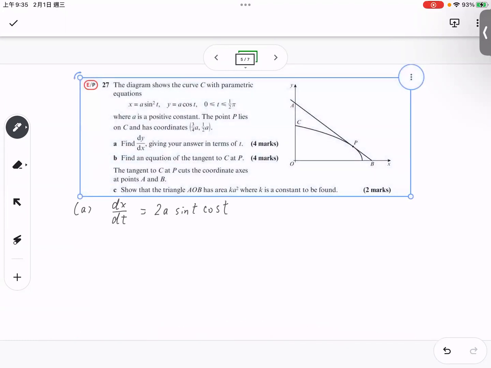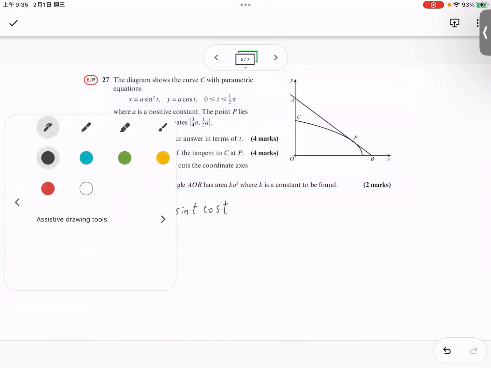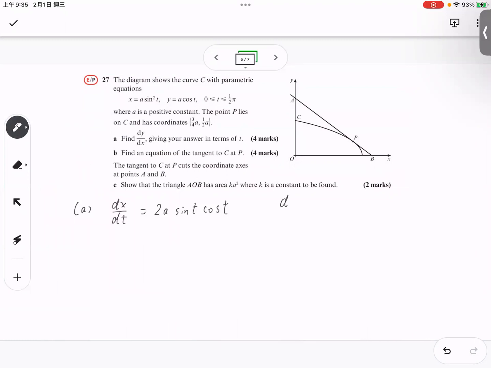Okay, we will do dy/dt. For dy/dt, what we have is negative a sine t directly. So if I want to find dy/dx, what we have is negative a sine t over 2a sine t cosine t.